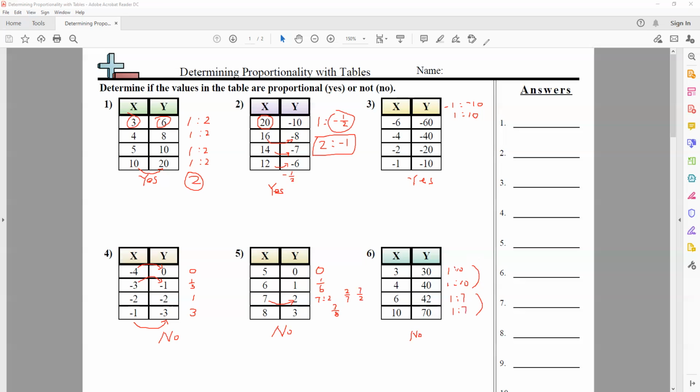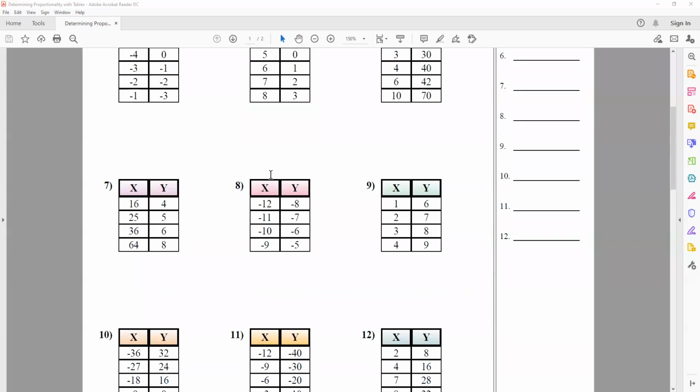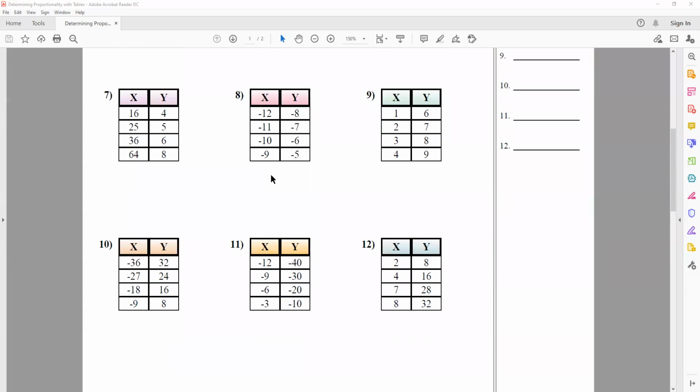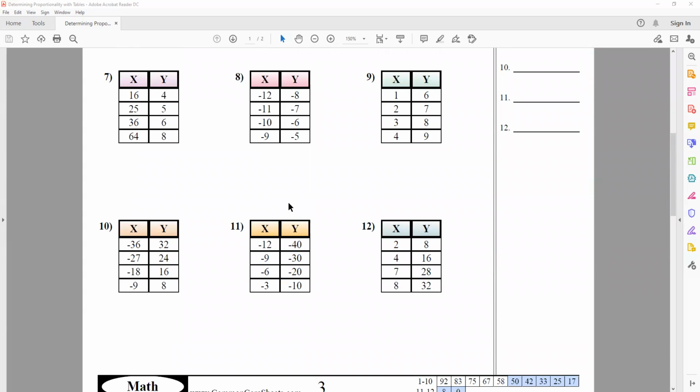All right, let's go down. Let's just continue to do some of these again. Okay, number 7. That one, the first one, 2/8, actually 1/4.